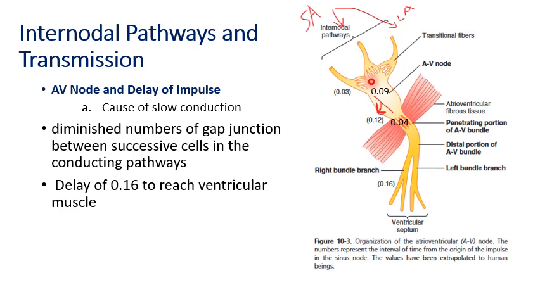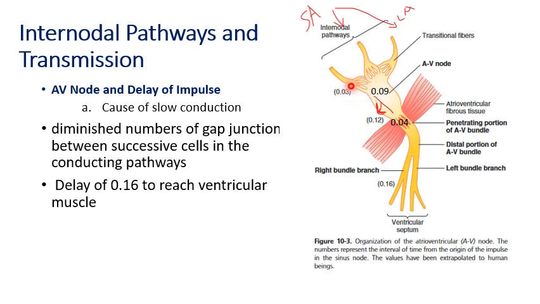So in order for the signal to reach the ventricle, there is a delay of about 0.12 second together, which we add to the 0.03 that was required for the signal to move from the SA node into the AV node.